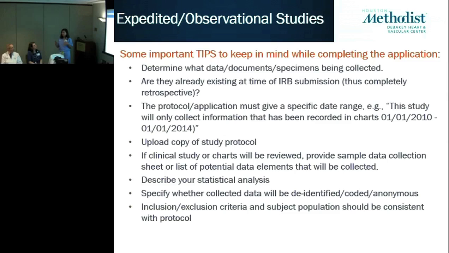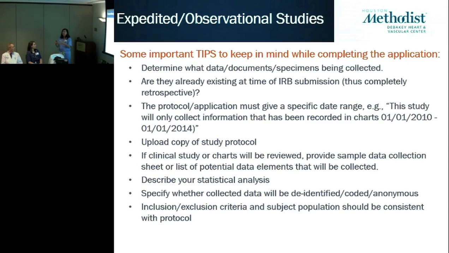One example, which I know we've done in the past and then they put a stop to it at the IRB, is you have a retrospective review. I say I'm collecting data from 2010 to 2014. Then you go back and say, oh, I want to collect now from 2015 to 2016. At the end of 2016, when it's January 1st, you say, oh, I want to collect all of 2015 now.